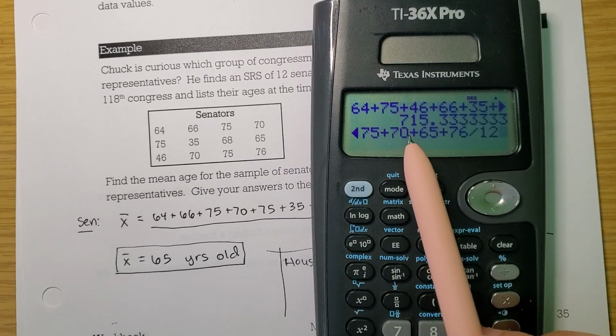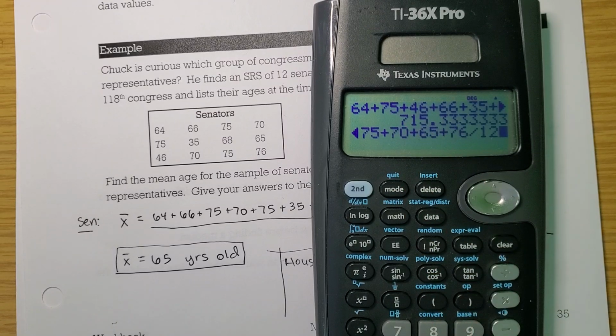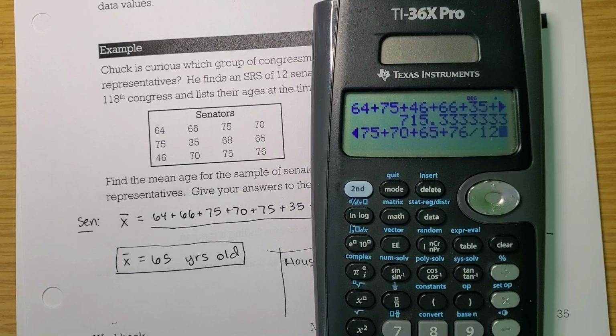So that's why we get this answer, 715, that makes no sense. Remember, a measure of center, an average, is supposed to indicate what's typical, and this makes no sense. A senator on average is 715 years old. I mean, no. So we want our answer to look more like what the data looks like.